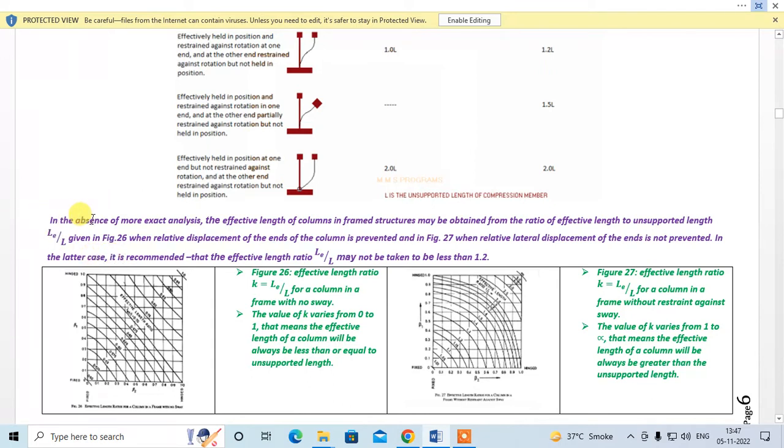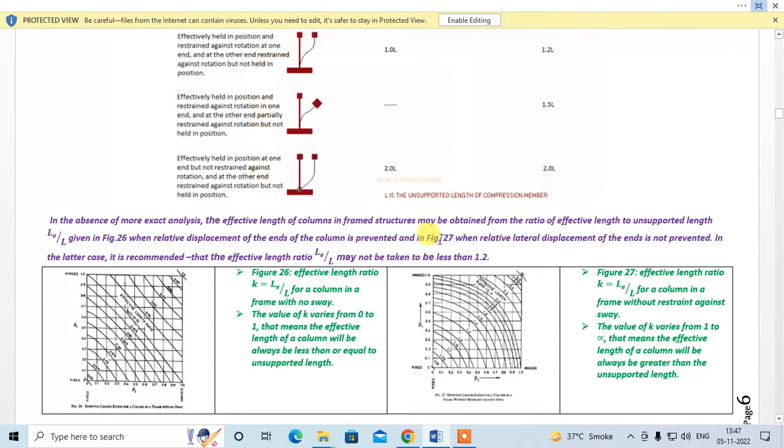In the absence of more exact analysis, the effective length of the column in a frame structure may be obtained from the ratio of effective length to unsupported length, that is Le by L, given in figure 26. This is figure 26 given in the code, when relative displacement of the ends of a column is prevented. So this figure can be used for a column with no sway.